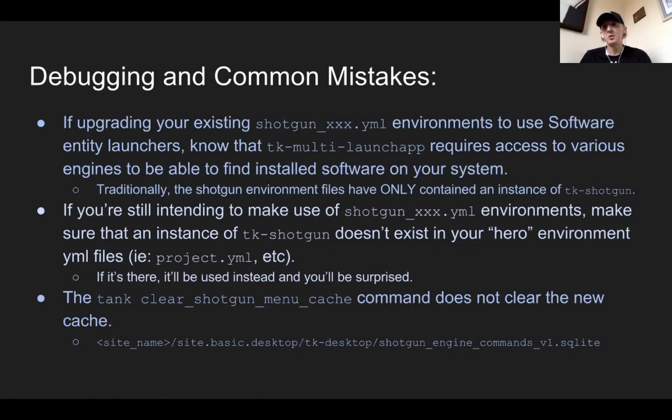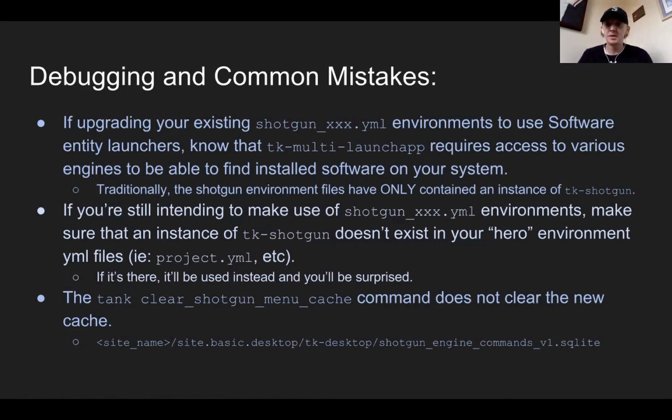That means for Launch App to be able to find what Houdini versions you have installed on your machine, it needs access to the TK Houdini engine because that's where the logic is to scan your system and find Houdini installs. Traditionally, the shotgun_xxx YAML files have only had a configuration for the TK shotgun engine, which means you don't have access to TK Houdini, TK Nuke, TK Maya, all of these different engines that contain scanning logic for finding the software that's installed on your system.